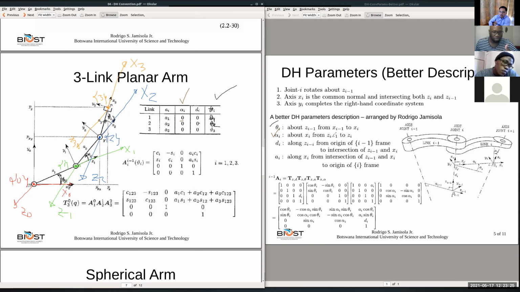To make it easy, remember that when you're doing rotations, we can transform the matrices. Let's transform this origin to here, so your x2 extends here.